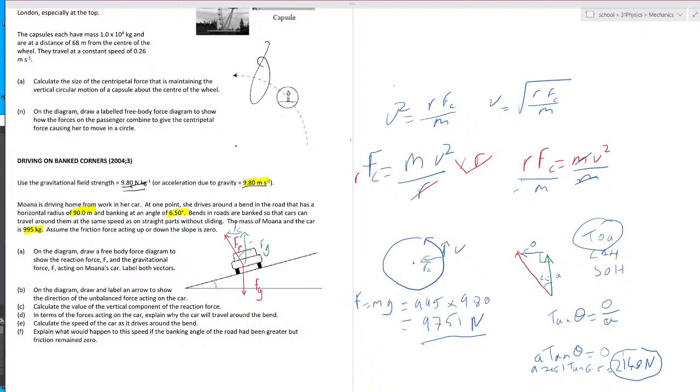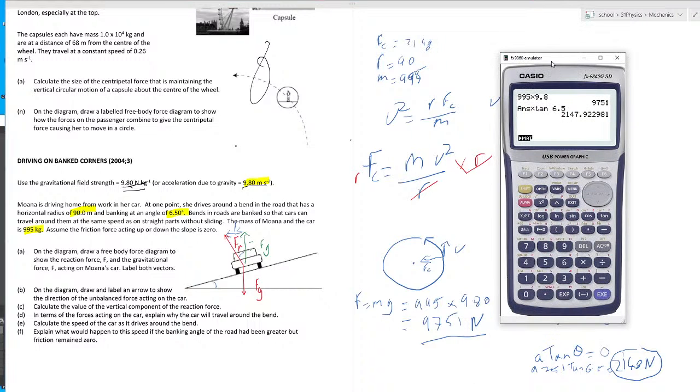My radius R equals 90 meters. The mass of the car, M, equals 995. And Fc equals 2148.